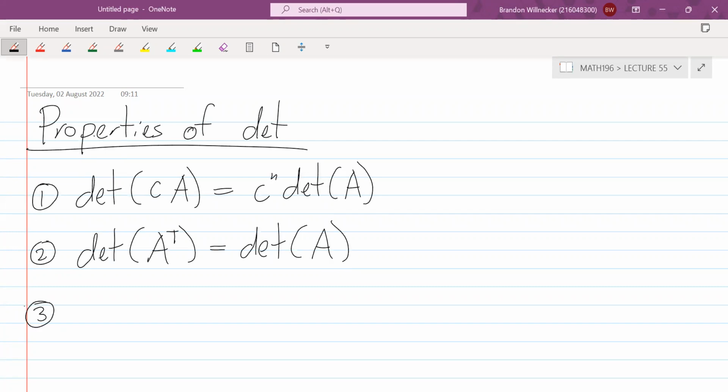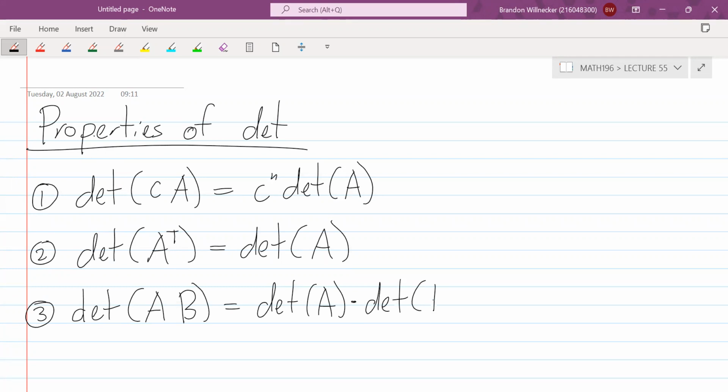Okay, and number three, if we have the determinant of A times B, with the product of matrices, then this is going to be the determinant of A times the determinant of B. Okay, like that.